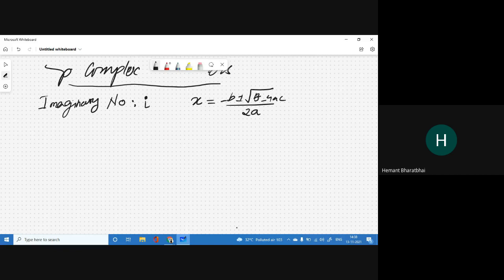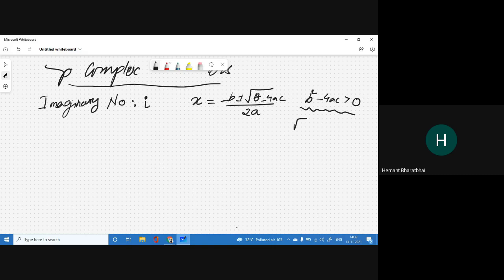And this b square minus 4ac always used to be greater than 0.